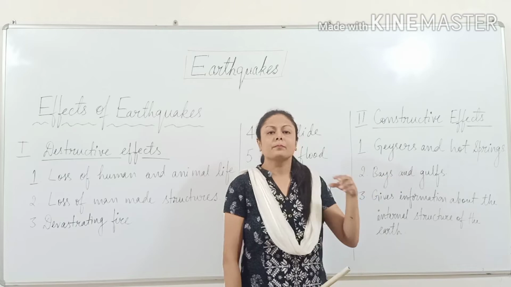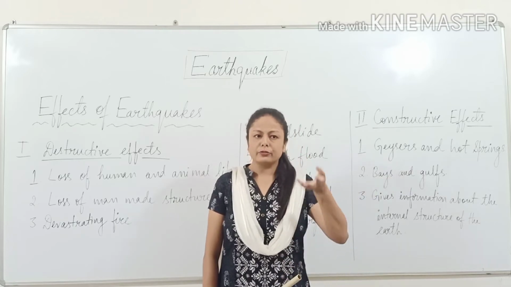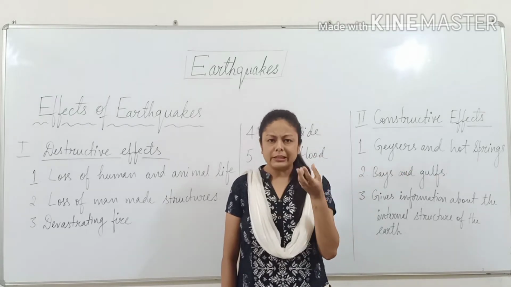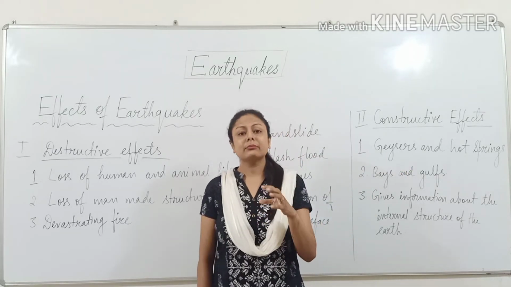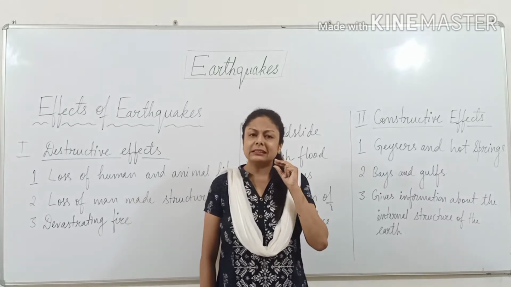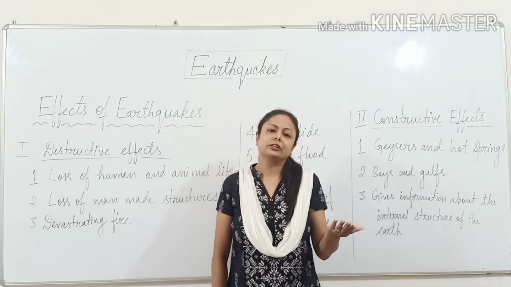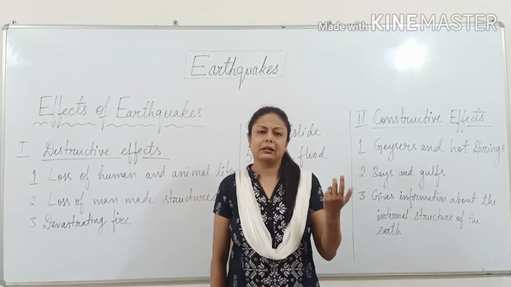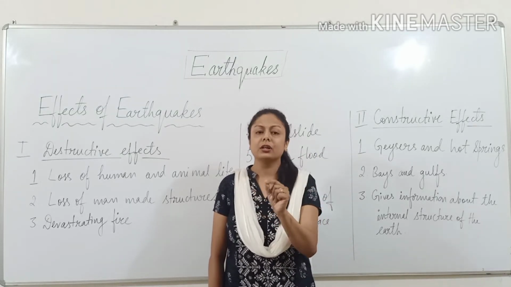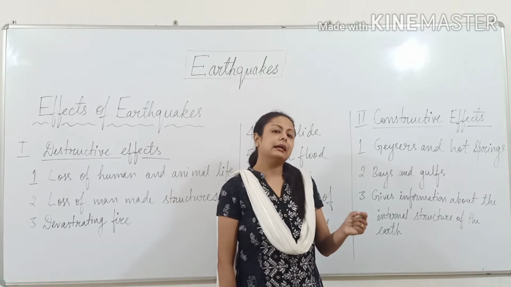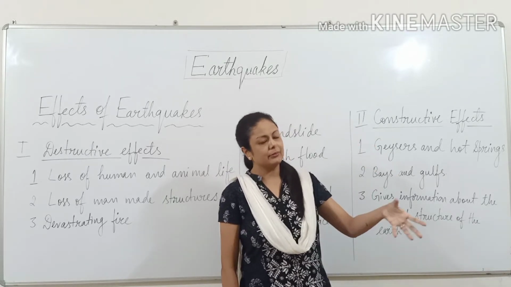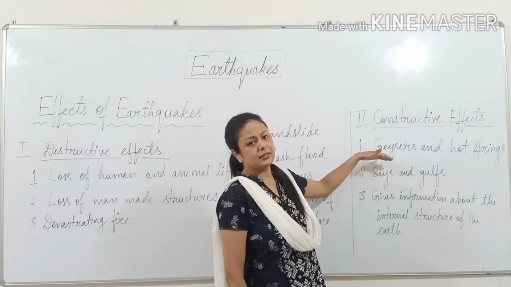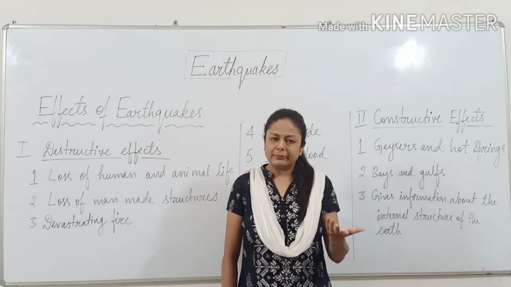This hot water or the steam which comes out from the cracks as a result of an earthquake, the superheated steam, has a very high temperature. The energy of the steam can be converted into geothermal energy, which we get from the earth. This energy of the steam can be converted into electricity. So this is how geysers and hot springs can be beneficial.